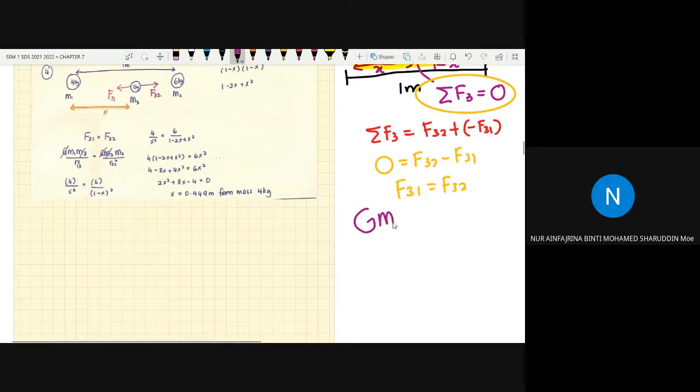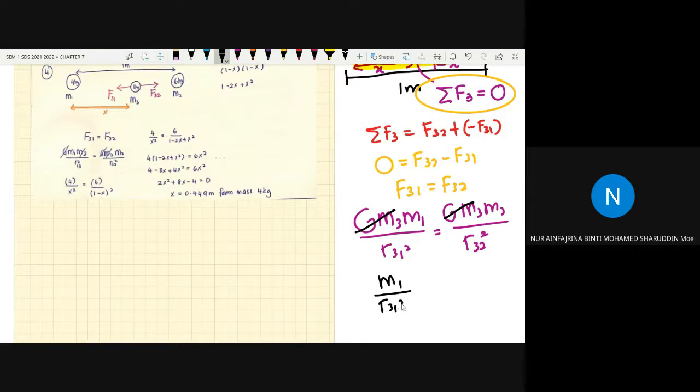Jadi kita ada mass 3 dengan mass 1 over R31 squared, sama juga dengan G m3 M2 over R32 squared. So kiri kanan sama, awak boleh potong. So tinggal M1 over R31 squared equals to M2 over R32 squared.